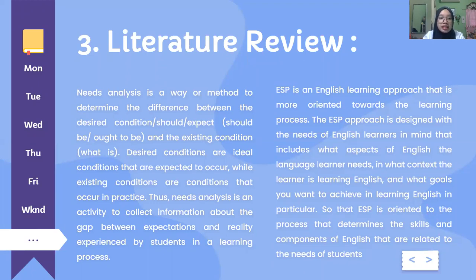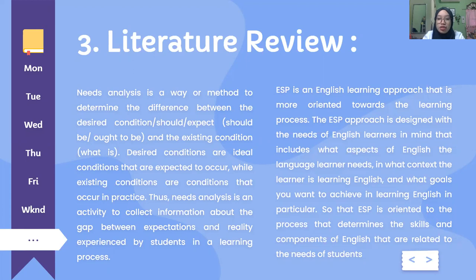Desired conditions are ideal conditions that are expected to occur, while existing conditions are conditions that occur in practice. Thus, need analysis is an activity to collect information about the gap between expectation and reality experienced by students in a learning process.